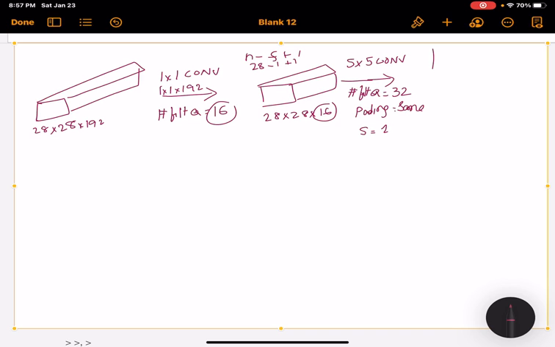So this will give me an output of n plus 2p minus f by s plus 1, which is equal to, now my n is 28 plus 2 into padding.